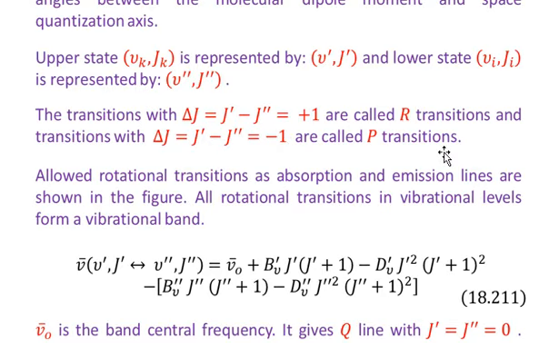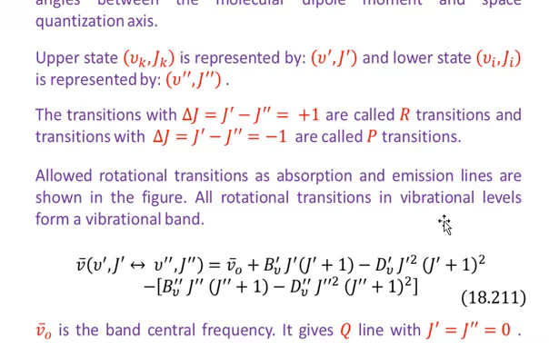And I have explained them in the figure. Allowed rotational transitions as absorption and emission lines are shown in the figure. So both rotational and vibrational transitions could occur among those levels, giving you the P branch and the R branches.